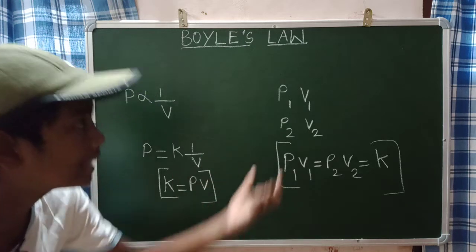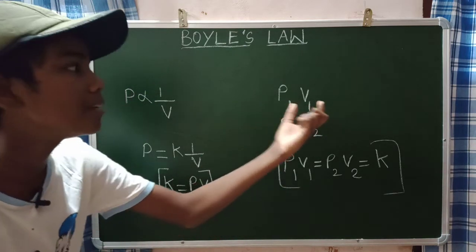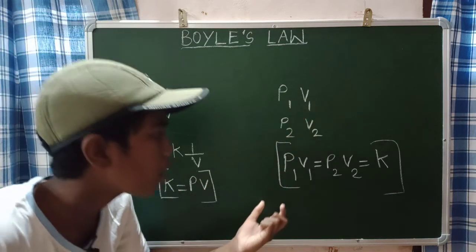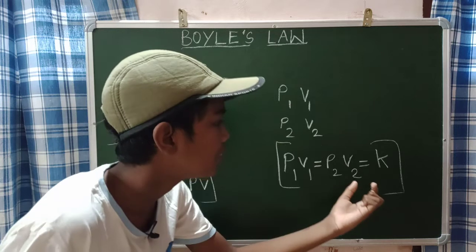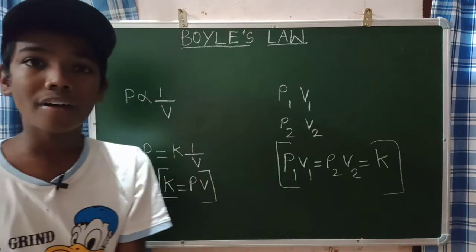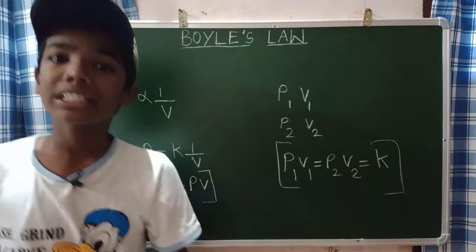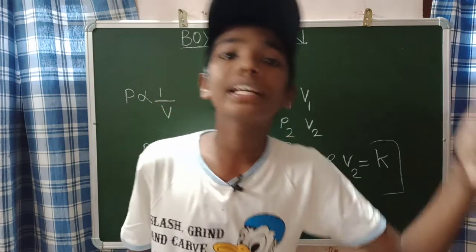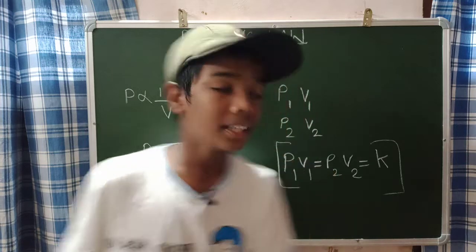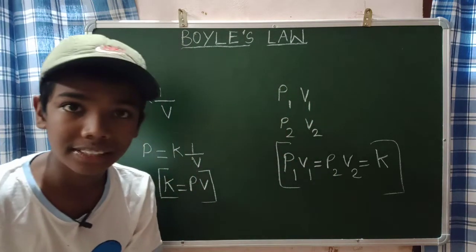P1 into V1, the initial pressure and initial volume, the product of that will also be equal to P2 into V2, and that will be equal to Boyle's constant. That is why I say, for any ideal gas which has constant temperature and a fixed amount of gas, fixed number of moles, the product of pressure and volume will be a constant.